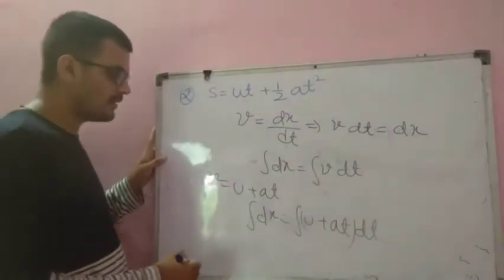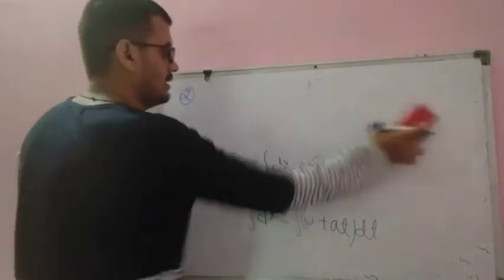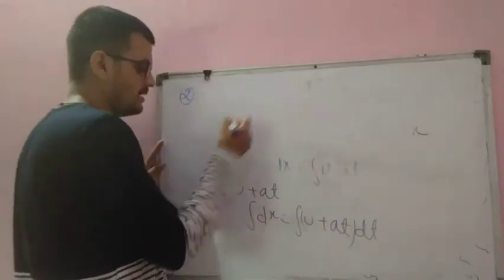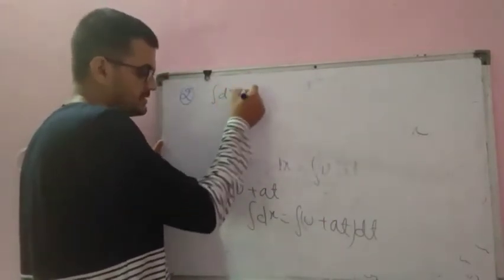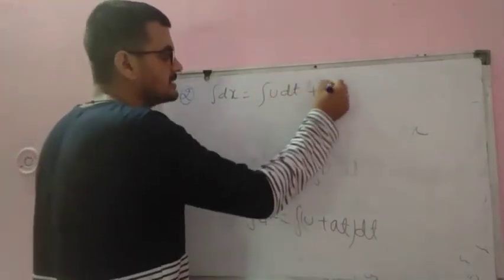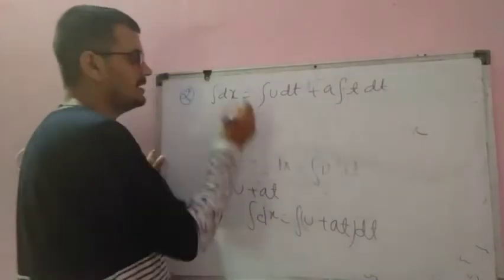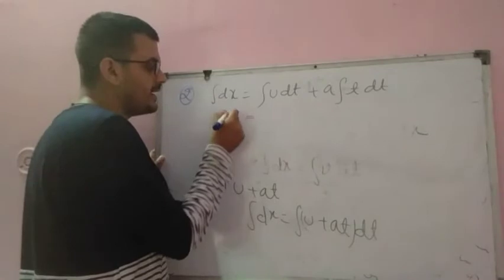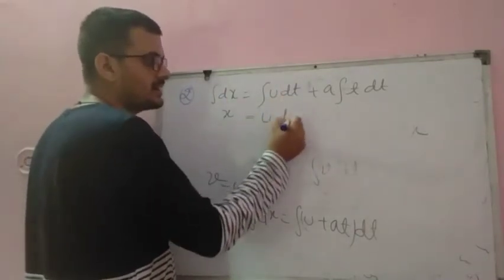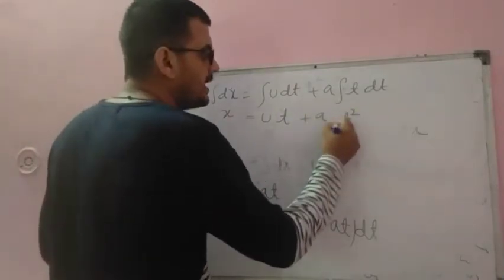Now multiply: dx equal to u into dt plus at into dt. So the integration of dx will be x, the integration of dt with u will be ut, and the integration of t with a will be t square by 2.